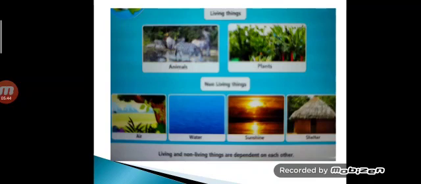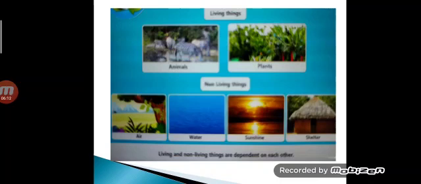Living and non-living things depend on each other. Now, in the environment, living and non-living things depend on each other. For example, we depend on oxygen for breathing. We need water for drinking. Both water and oxygen are non-living things.